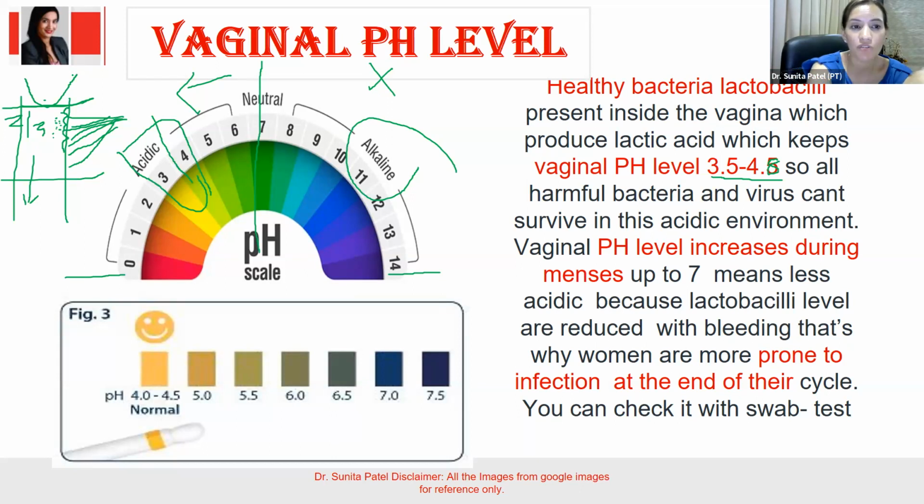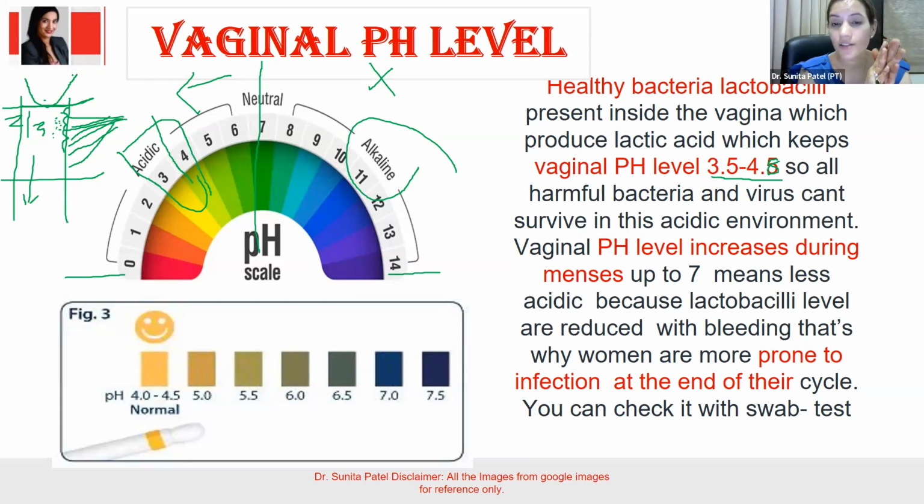It is going to create an extra sheet on that particular vaginal layer, and the sperm can survive in that area. So the vagina should not be very acidic, which can kill the sperm. That's how semen is also responsible for changing the pH level of the vagina.